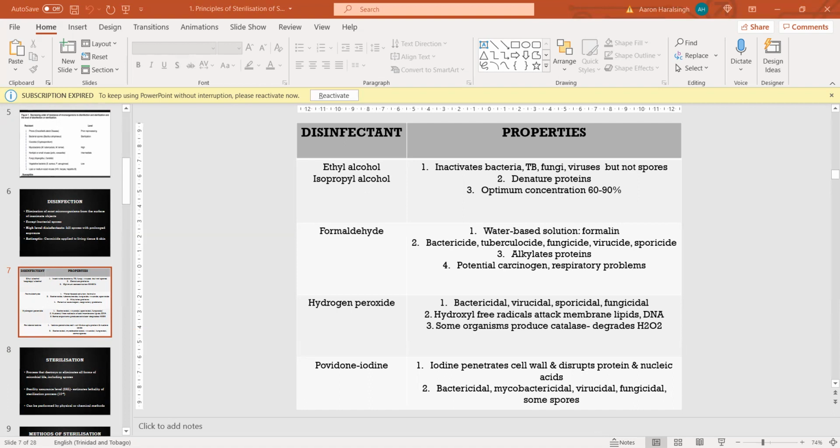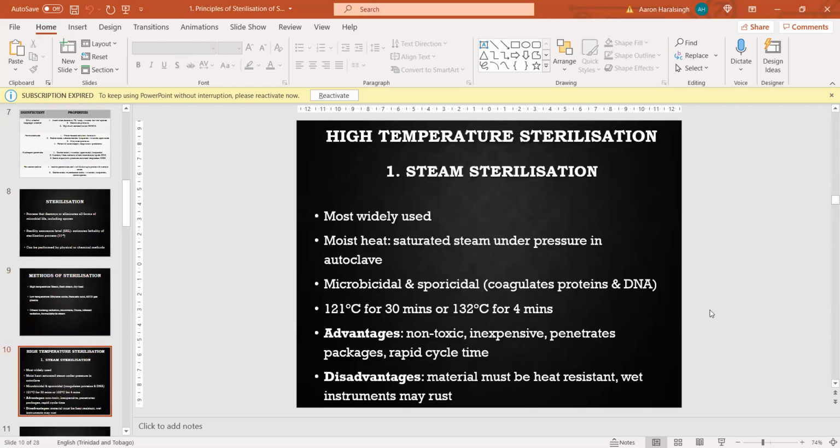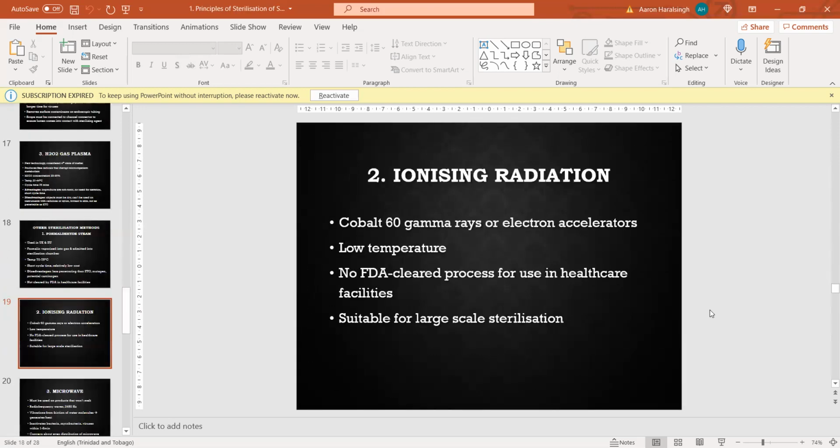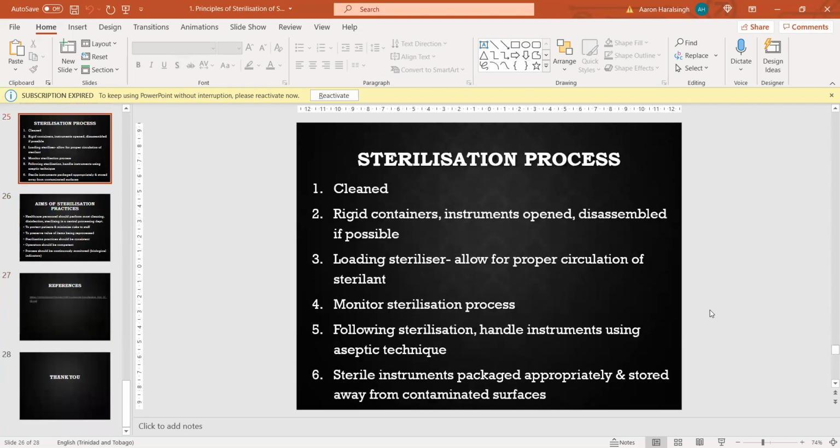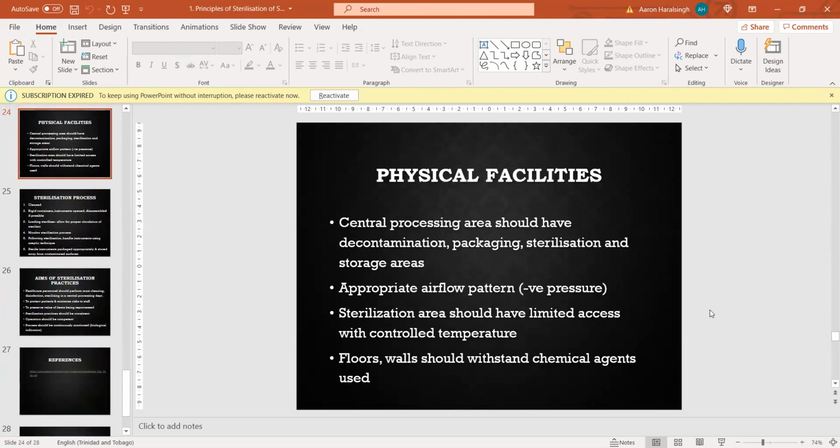Now, the facilities that are available for sterilization are important. So we're going to talk about those a little bit now. The central processing area should have a decontamination area, a packaging area, a sterilization area, and then a storage area.